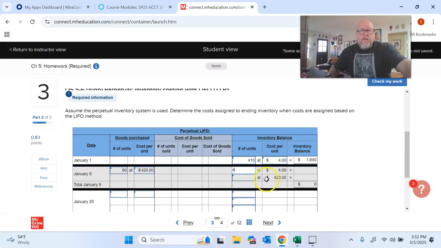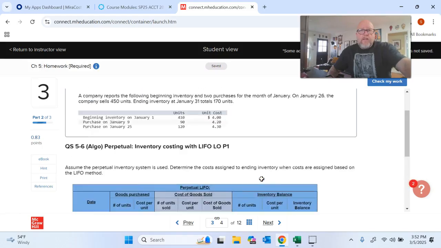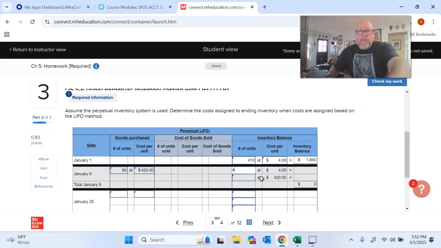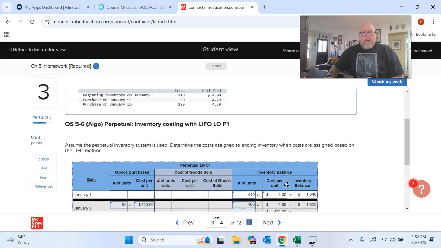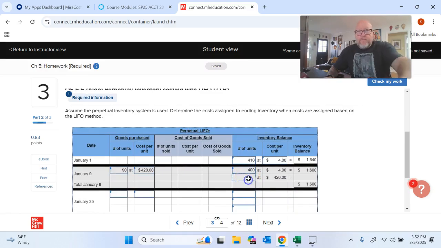That was the first layer that came in. So we want to list that first. And then we have 90 units at $4.20.